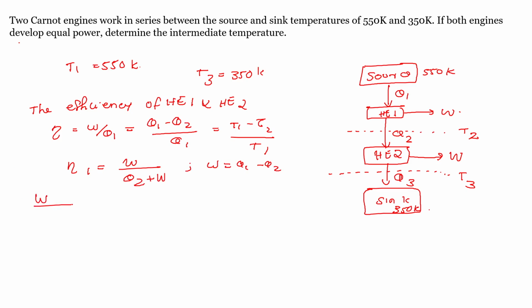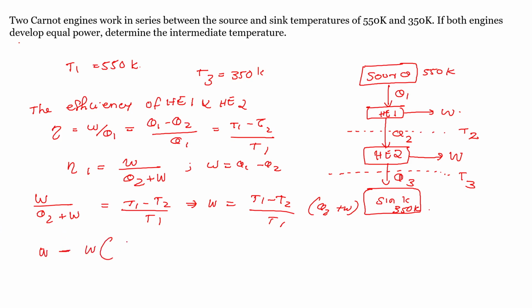Now W divided by Q2 plus W is equal to T1 minus T2 divided by T1. From that you can write W is equal to T1 minus T2 divided by T1 times Q2 plus W. Now just solve this. You will get W minus W times T1 minus T2 divided by T1 is equal to Q2 times T1 minus T2 divided by T1.